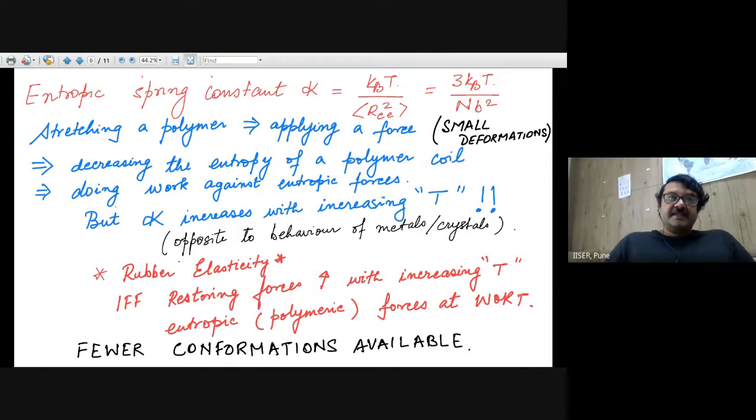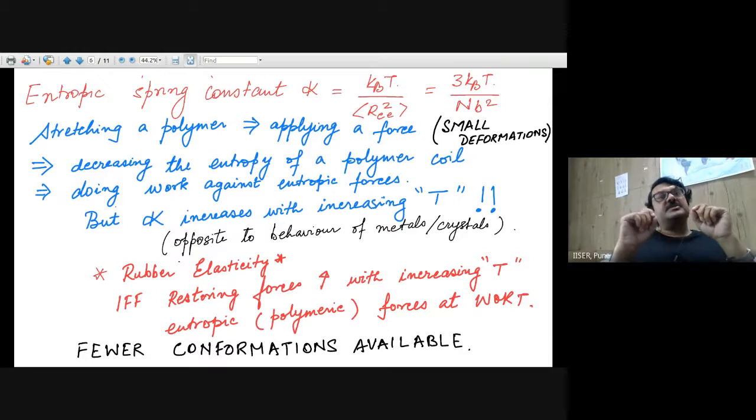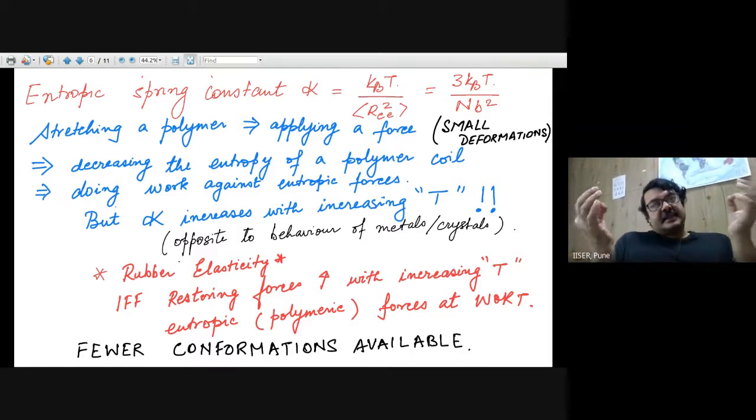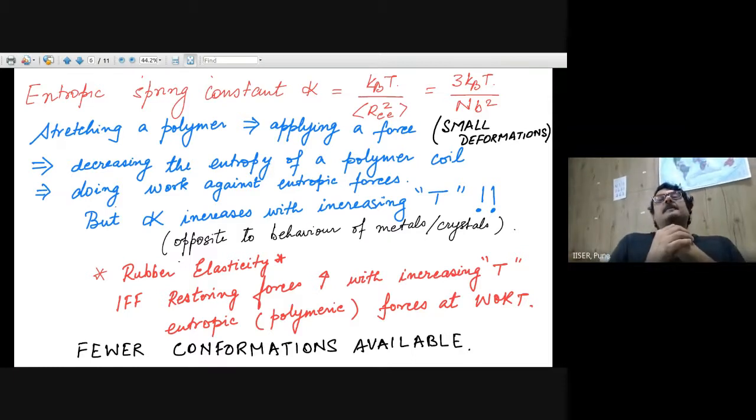And basically what this says is that if you have to keep a polymer chain slightly stretched, so that the mean end-to-end distance is kept fixed at a certain finite non-zero value, then you have to apply a force.